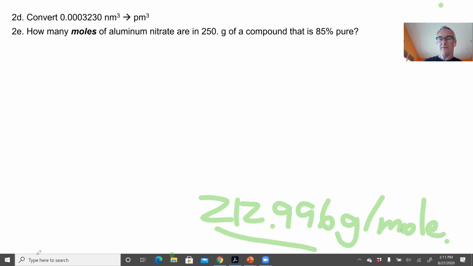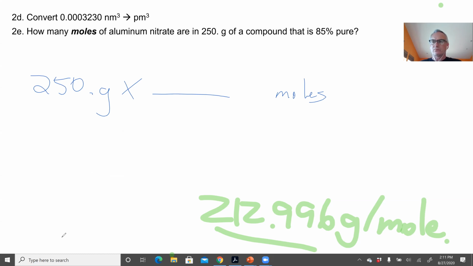So with this number, I need to do a conversion. I need to convert grams to moles. I have 250 grams, and I want to convert that to moles.